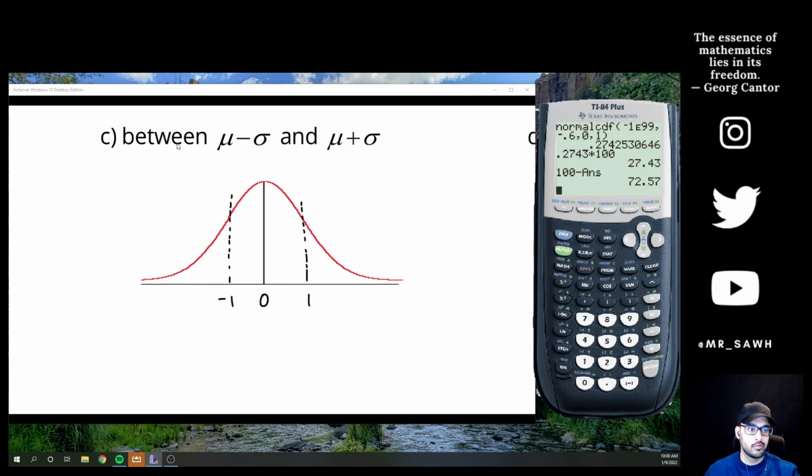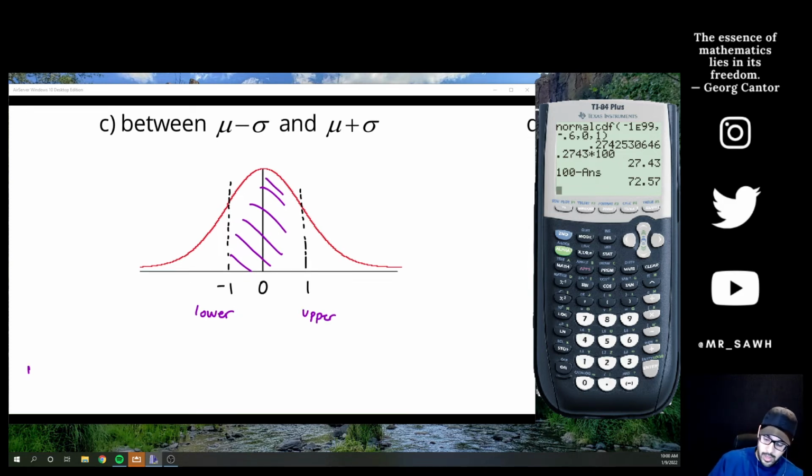So if I'm looking for the probability that I'm between those two values, right, there's my boundary this time. Right, there's the region in purple that we care about. So the lower one is the smaller value. The upper is the bigger z-score value. So I'm going to do this the same way. Normal CDF.